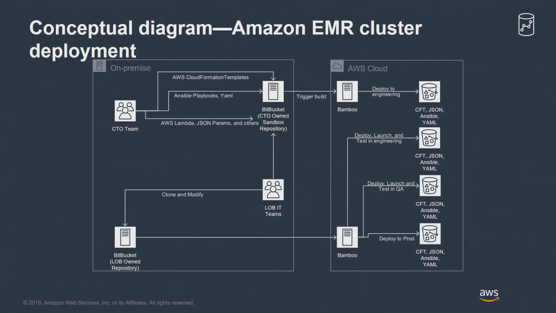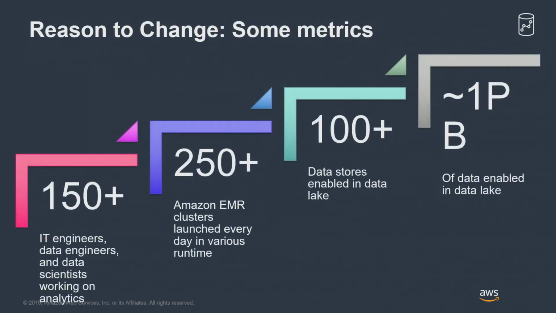So what could be improved from this scheme? It's highly automated, leveraging a lot of AWS and non-AWS services. So what they came up with is that they were very successful. They were deploying many EMR clusters along the environment. They had some of these numbers here, over 150 engineers that needed to have access.